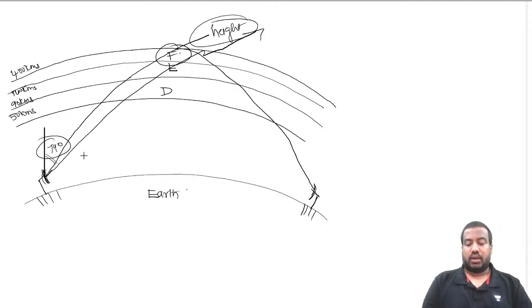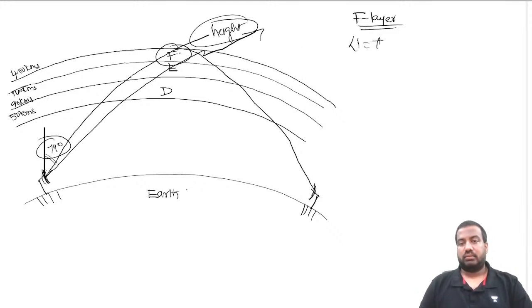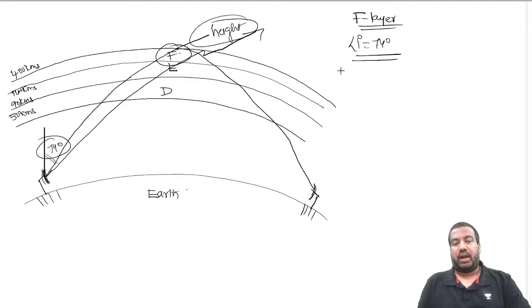Got it? So I can say for a F layer, the incident angle value is 74 degrees. If you maintain more than 74, the wave will not come back. Therefore, the maximum usable frequency for F layer, FMEF, is equal to FC into secant I. Secant 74, do it and tell me.